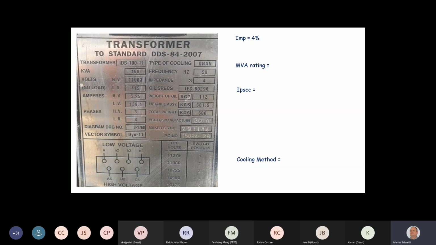Now, just a matter of interest while we are there, what is the secondary voltage? The no-load voltage, 400 and? Now, work it out for me. If you say there's a drop of 4%, what is the voltage you'll measure at full load? So what is 415 minus 4%?